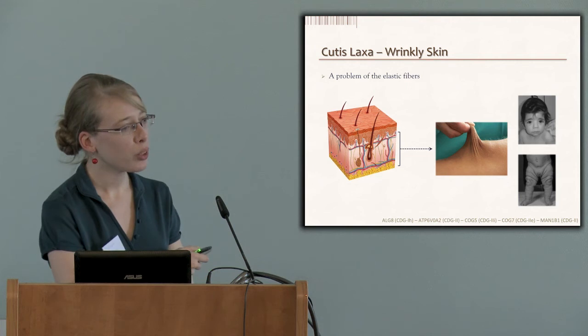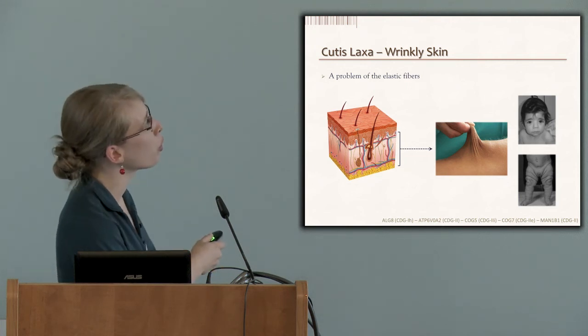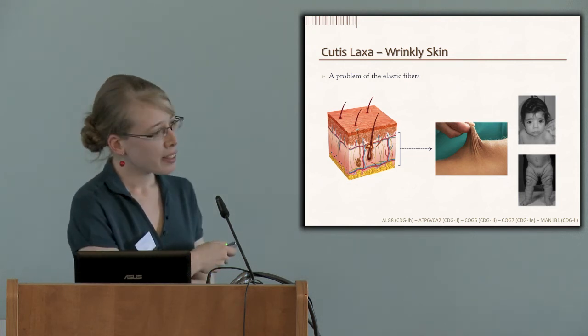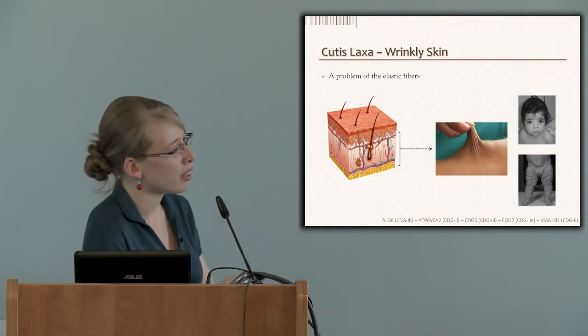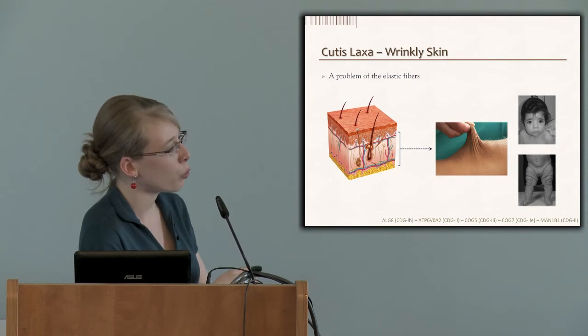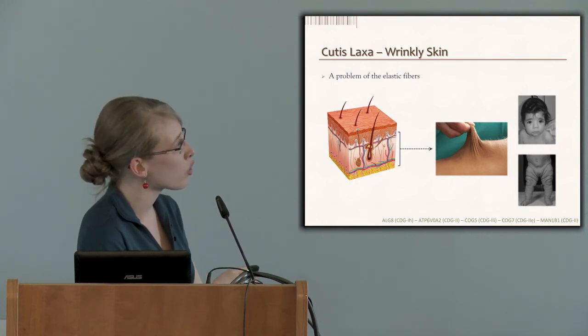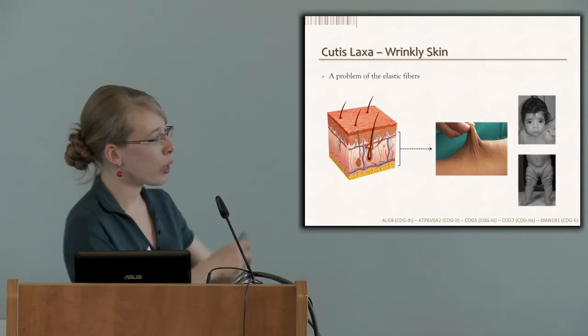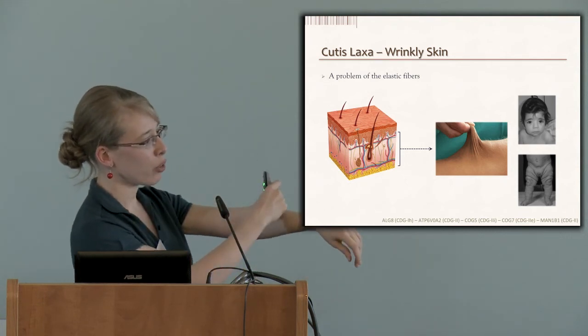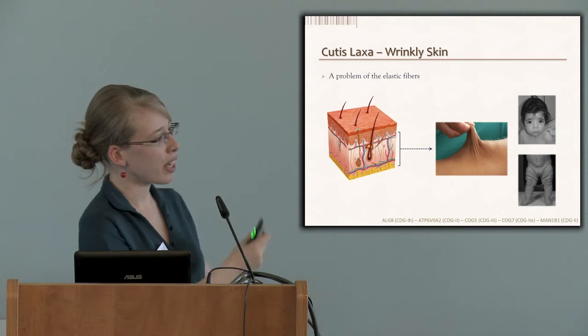Third topic, cutis laxa, a fancy word for wrinkly skin. This is a problem not of the upper layer of our skin, but of the middle layer, the dermis, where we have our elastic fibers, and it's really a problem of the elastic fibers themselves. Normally, when we pull our skin, you can try it yourself, it will bounce nicely back.